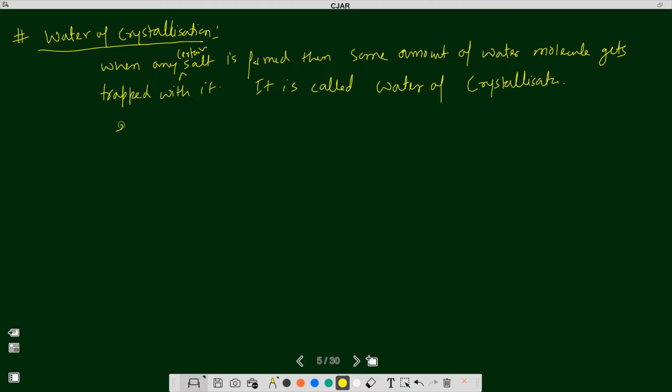For example, copper sulfate.5H2O has 5 water molecules. Na2CO3.10H2O has 10 water molecules. LiCl.2H2O has 2 water molecules. This is known as water of crystallization. Understood?